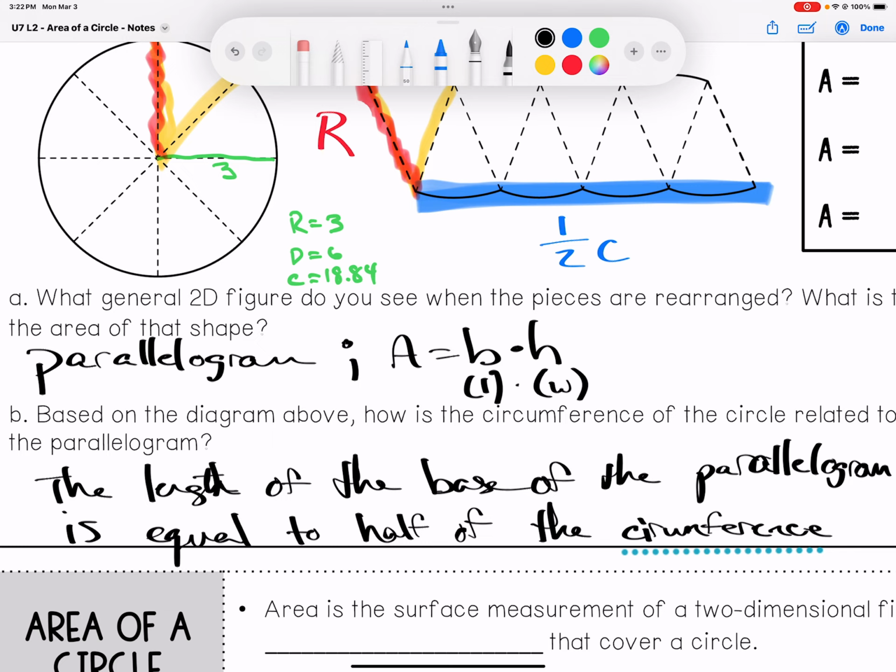All right, so the length of the base of the parallelogram is equal to half of the circumference.